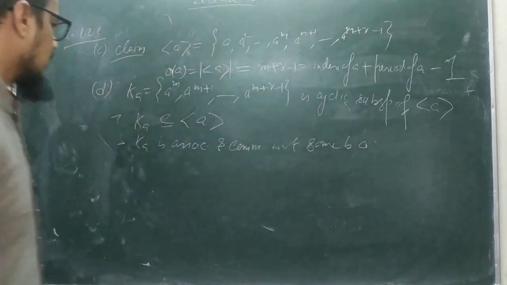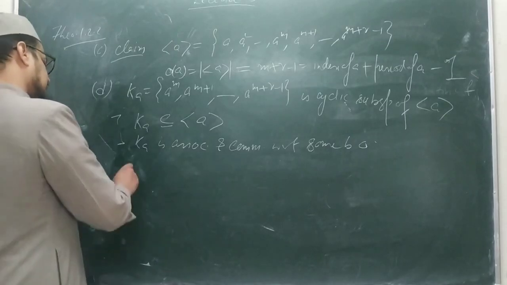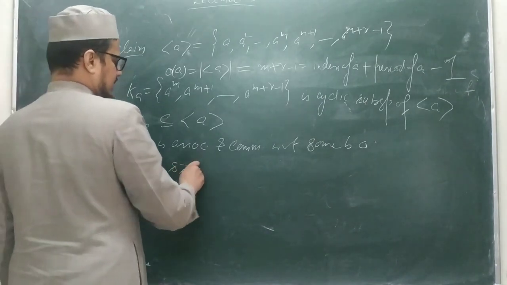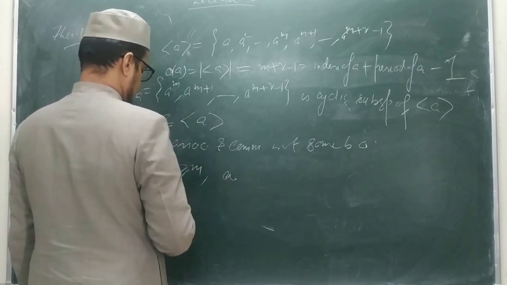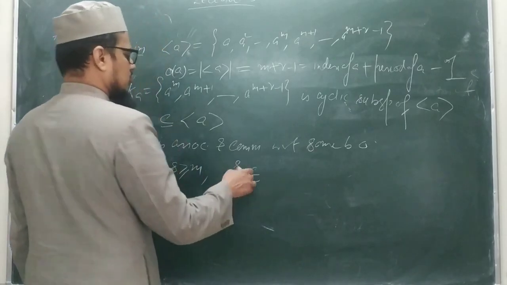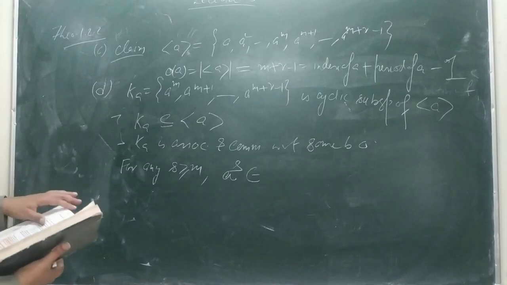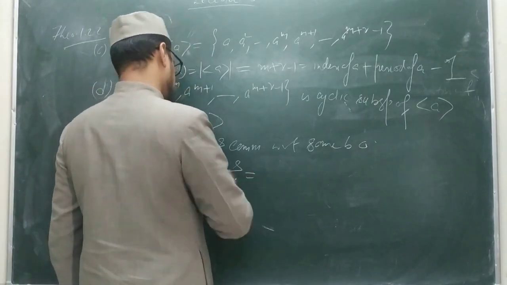Okay. Now, for a semigroup we have to prove closure. We have also seen that for any s greater than or equal to m, a to the power s belongs to where? We have already seen this.